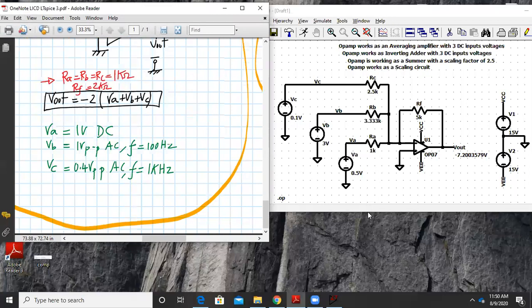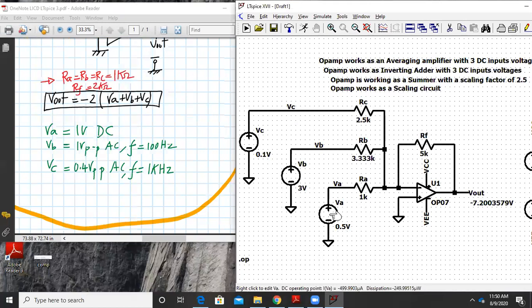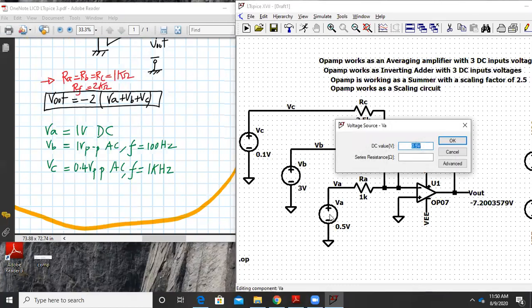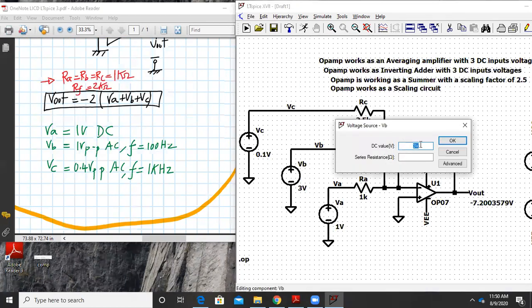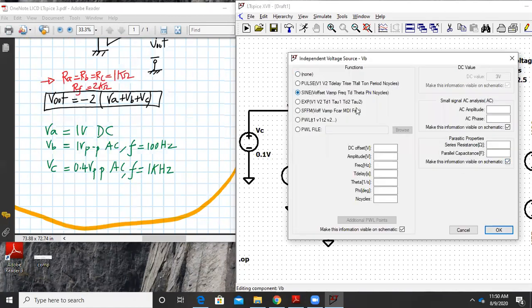Okay. So here we have our LTSpice window also open. Let me just expand it. Yeah. So now VA, we have to consider it to be a DC voltage of 1 volt. So that's okay. VB, we have to cancel this out and go to Advanced. We have to select a sine wave whose DC offset is 0.